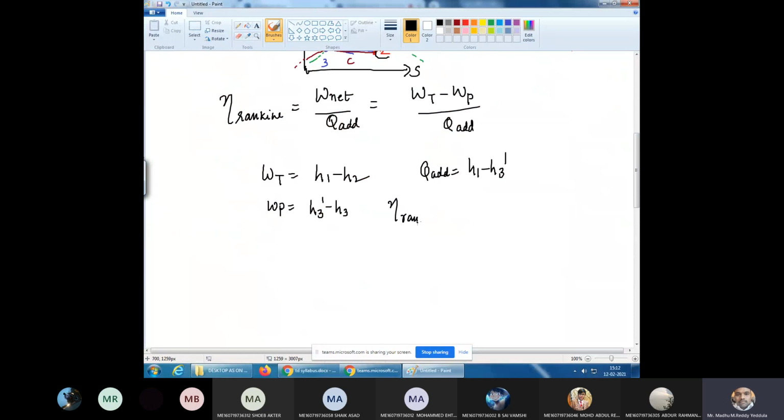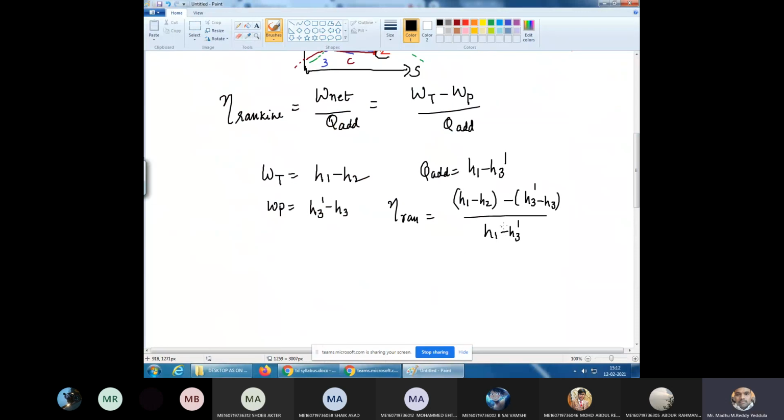Efficiency of Rankine is equal to turbine work, H1 minus H2, minus pump work, H3 dash minus H3, divided by H1 minus H3 dash, right?